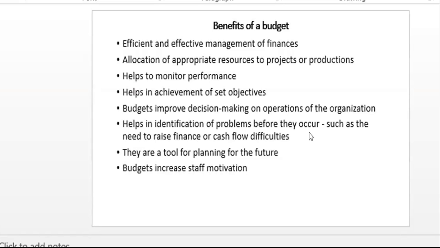Then next, budgets improve decision-making on operations of the organization. As I said, all managers are there to make decisions. So a budget can be a basis for making decisions because you look at the budget provisions and what you intend to spend, and then you make a decision based on the budgets, all right? And what you actually need to spend on. So you do a cost-benefit analysis by looking at the budget figures, comparing whatever is actual and the budget.